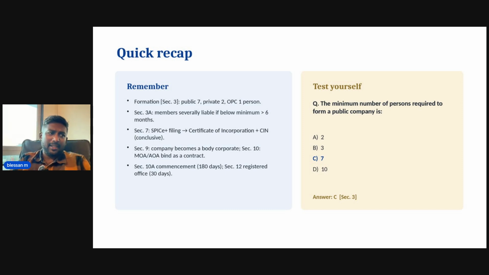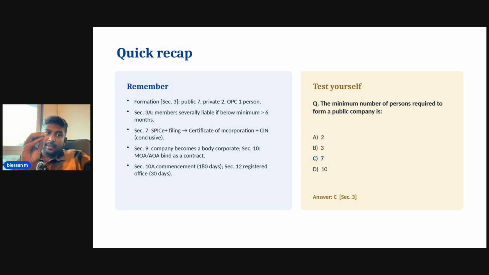Once the company becomes a body corporate, it becomes a registered company, and the certificate of incorporation along with CIN is the conclusive proof of registration. However, if the name is too identical with an existing company, or it is affected by trademark principles, then the central government can effect a change. So this is a very important thing.